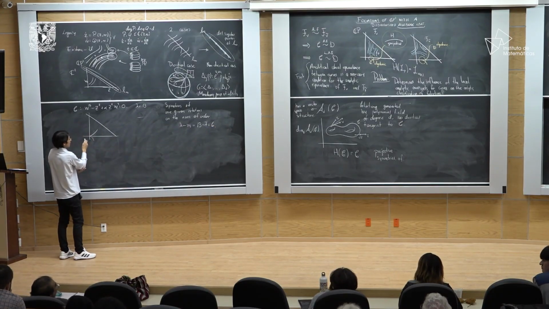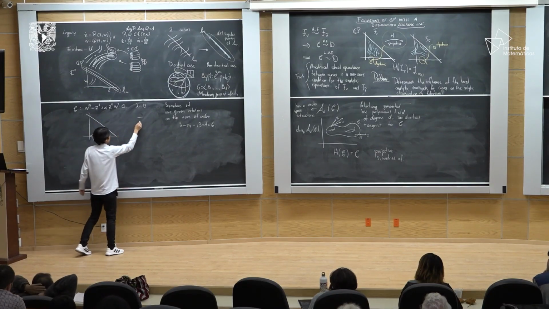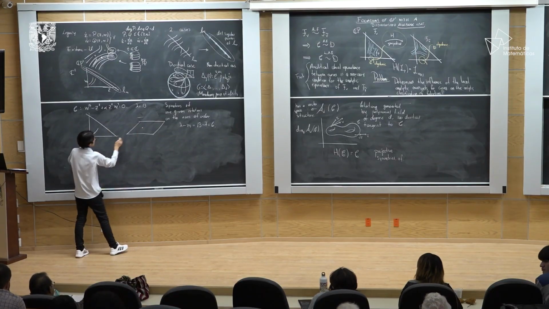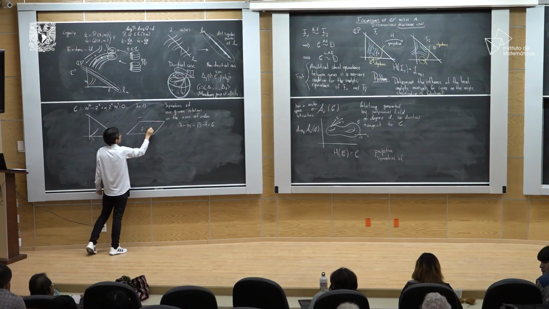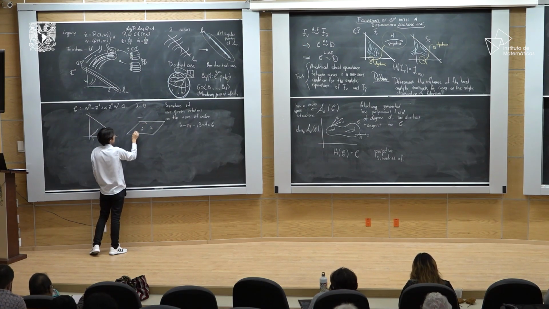So this curve at infinity cuts the line at infinity in the three cubic roots of alpha.